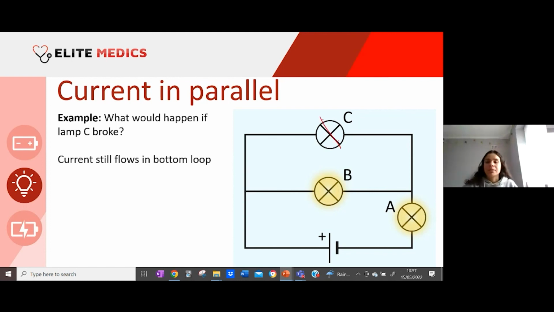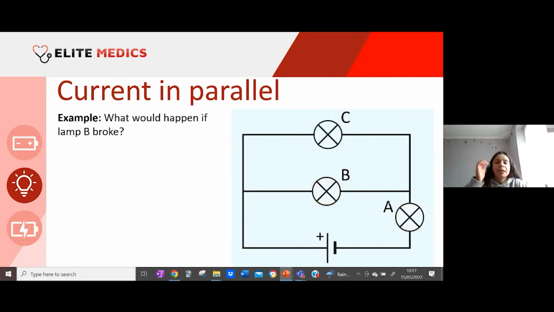Here, we've got a break in the circuit. This is not working anymore. So imagine this is almost like this wire not being here. I can't get past this point and continue the circuit. So broken, but these two can still work. What would happen if lamp B broke? Which components would still work and which would stop working?